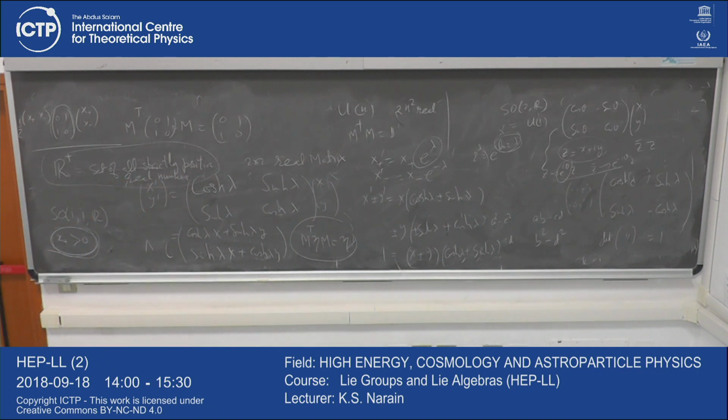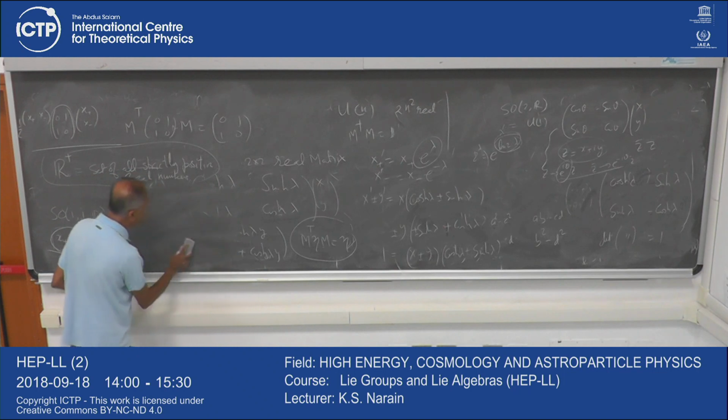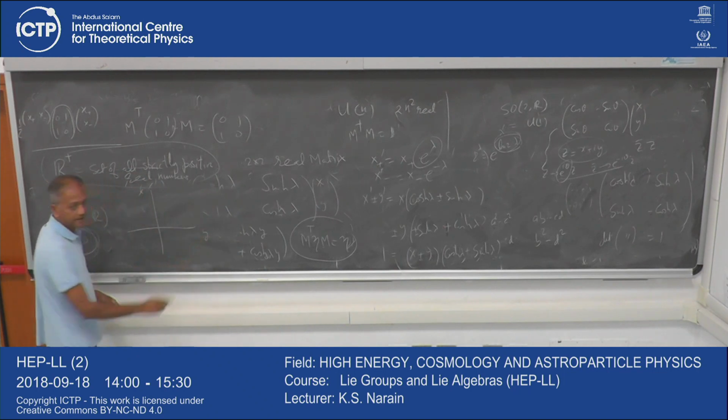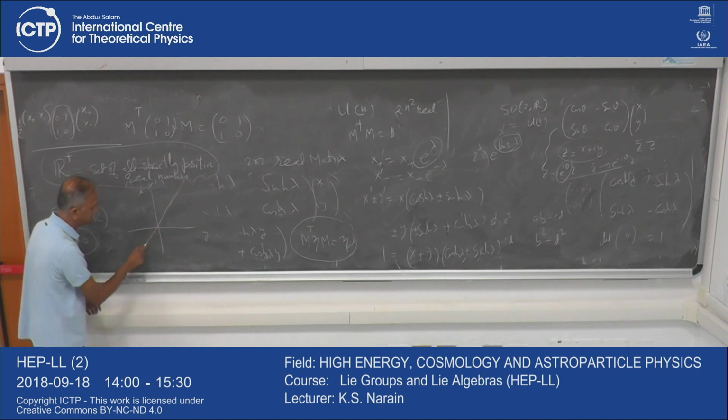This is what is called the proper Lorentz group. In a sense, if you think about this, what is x plus and x minus? We said one of them is time. So let's say x is the time and y is the space. x plus y is the light cone direction, right?